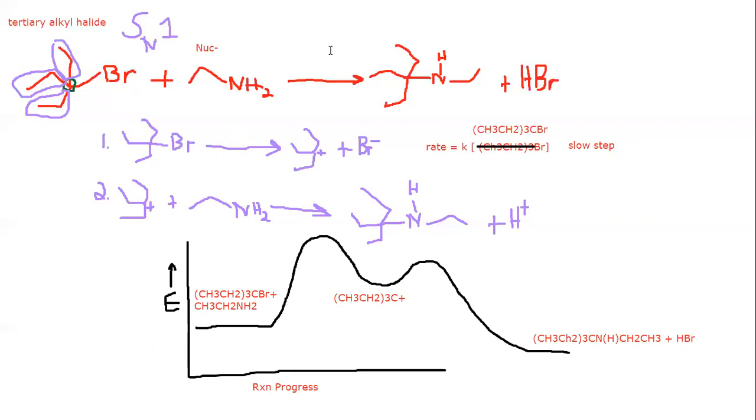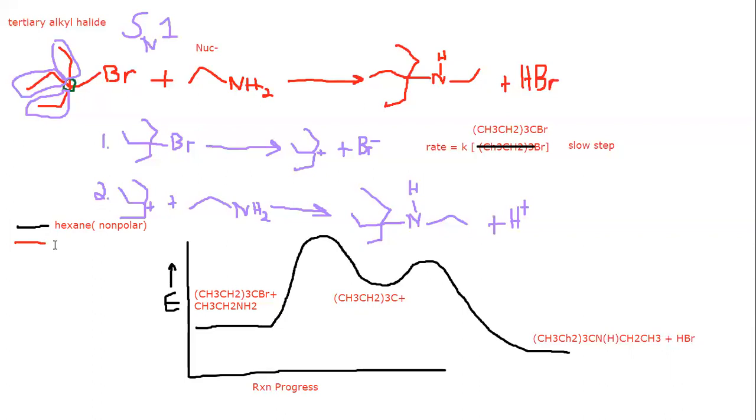And so let's say that this curve represents a nonpolar solvent, say hexane. Now, instead of hexane, let me change the color. We use a red for another solvent.